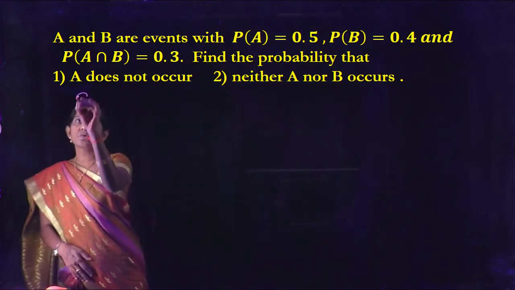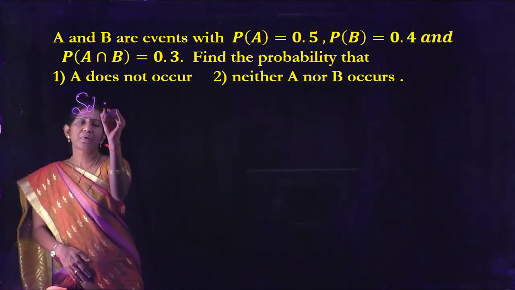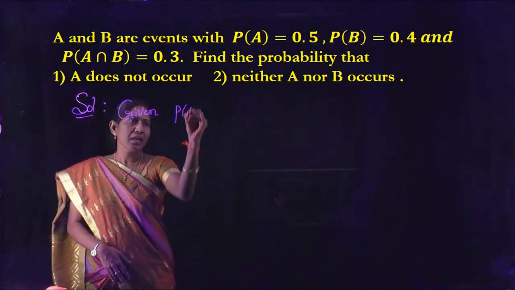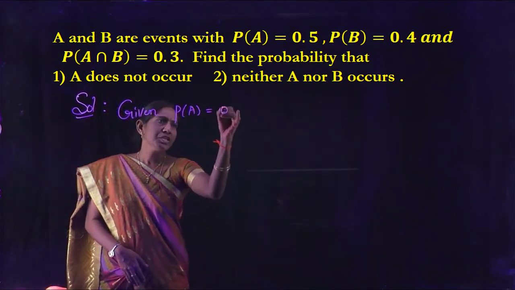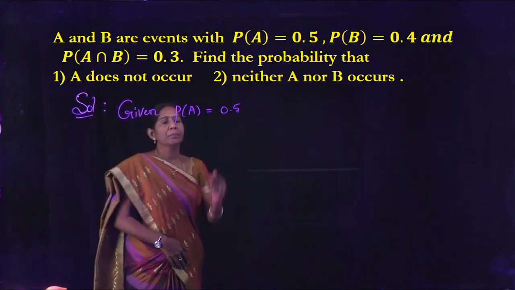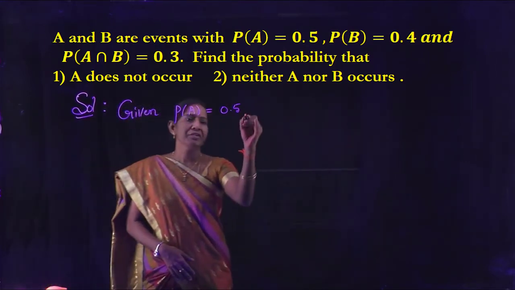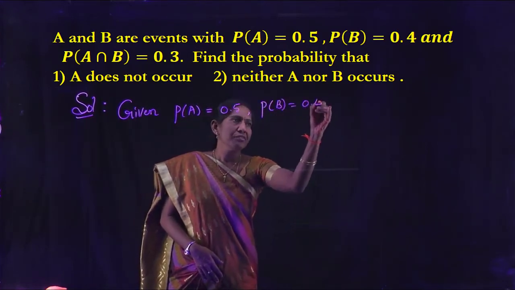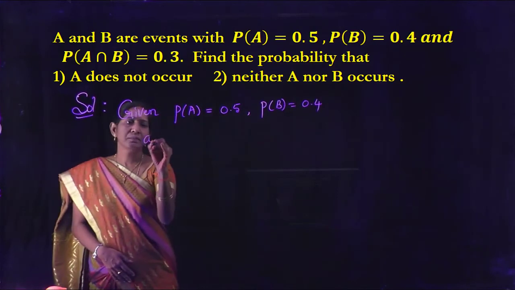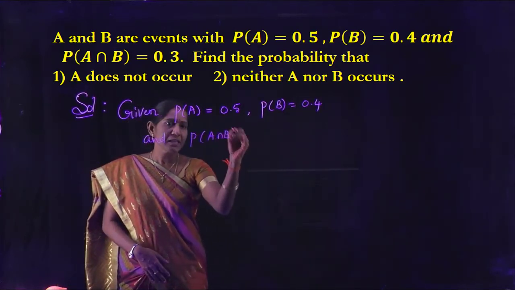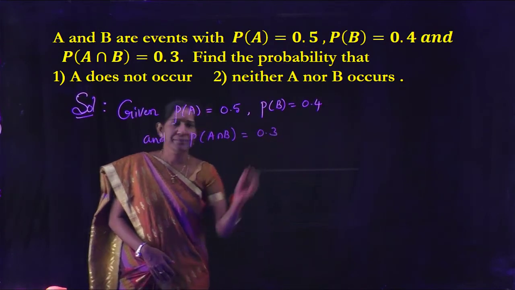Now see the solution of this. Given P of A is 0.5, directly probabilities are given in this problem. So P of A is 0.5, P of B is 0.4, and P of A intersection B is 0.3.